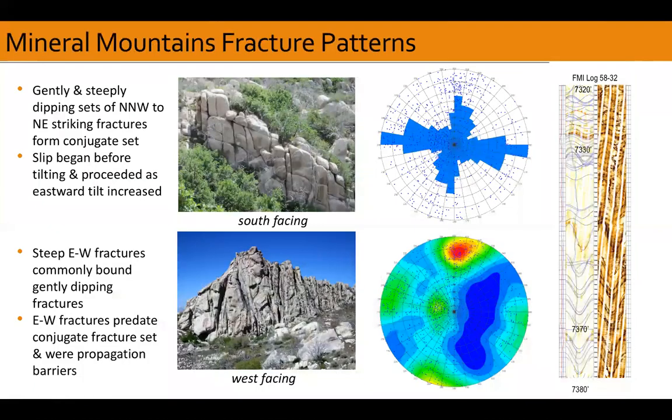In detail, Mineral Mountains outcrops show 3 main orientations, which are shown in the photographs. One fracture set runs east-west, and you can see this in the lower photograph, where the fractures are closely spaced, subparallel, and near vertical.